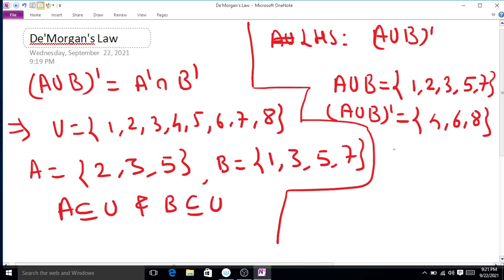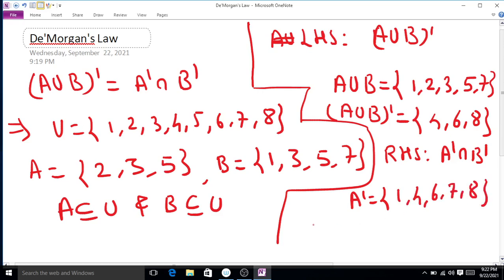Similarly, this is the LHS. On the RHS, we want to determine A complement intersection B complement. So A complement is equal to, we want to collect all x such that x is not present in set A but present in U. So here A complement is equal to {1, 4, 6, 7, 8}.